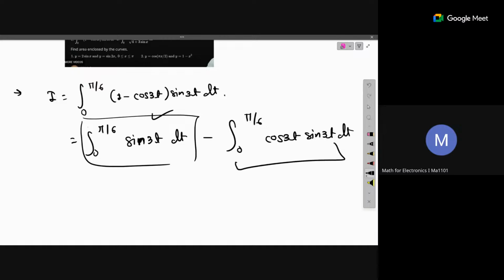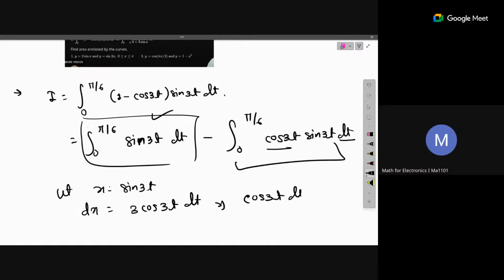For this one, you can use substitution. Let's take x equals sine 3t. Then dx equals the derivative of sine 3t, which is 3 times cos 3t dt. So cos 3t dt is the same as dx by 3.